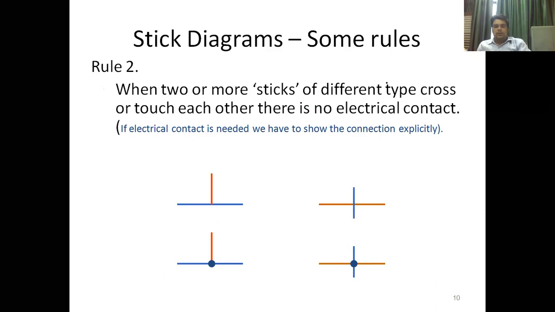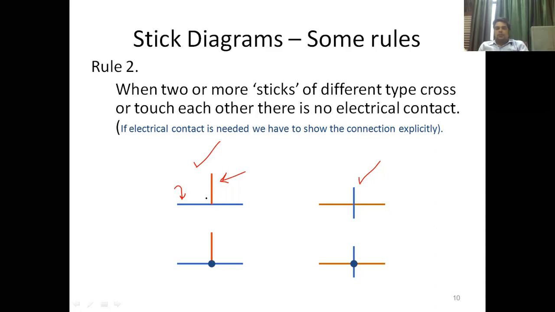So when two or more sticks of different type cross each other, that is the case shown in the above two figures. One stick is basically a metal line, blue in color, and the red line is a polysilicon line. If these two are crossing each other, then there is no electrical connection.